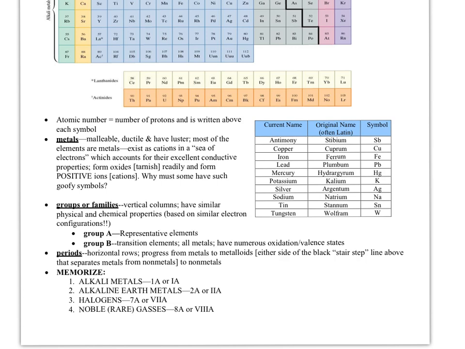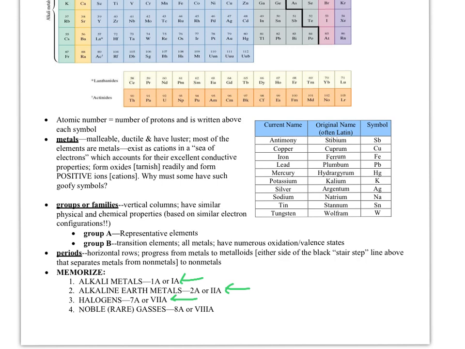You do want to make sure that you know the names of the groups. Group 1 or 1A is the alkali metals. Then you've got the alkaline earth metals in group 2. The other important ones, the halogens, are in group 7A.